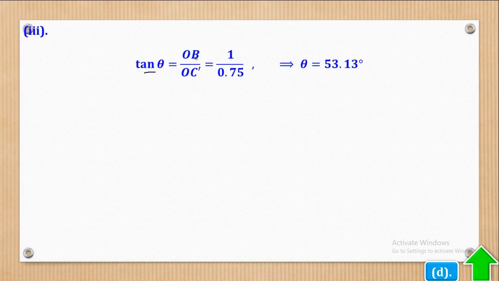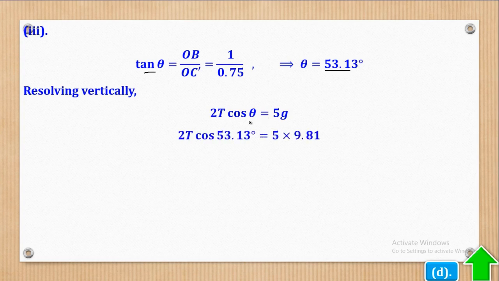Tan theta is OB over OC prime, which gives you the value of theta as 53.13 degrees. So when I resolve vertical, I'll come up with 2T cos theta is equal to 5g. Then substitute for theta and for g to remain with T as the only unknown. Therefore, T will be 40.8749 newtons.